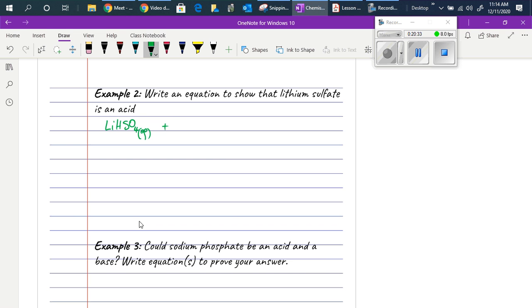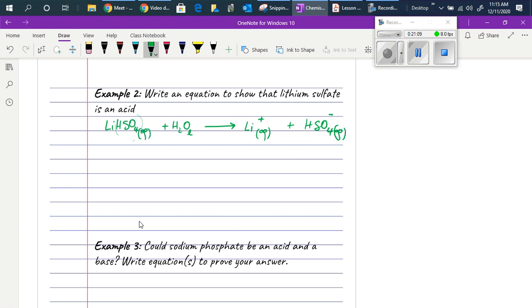So in aqueous solution, meaning water, this is dissociated. So Li plus in aqueous solution, it is soluble in water, therefore it will be dissociated, plus HSO4 minus in aqueous solution.